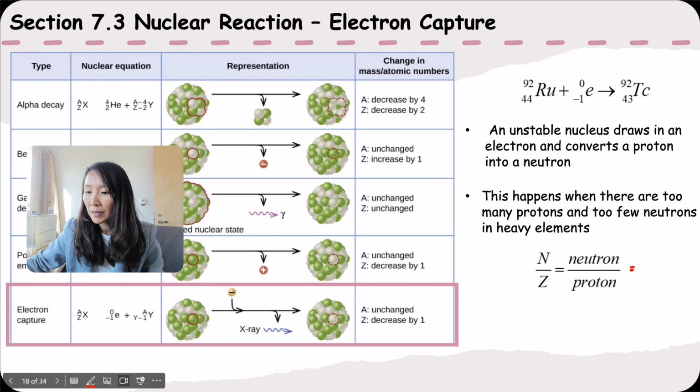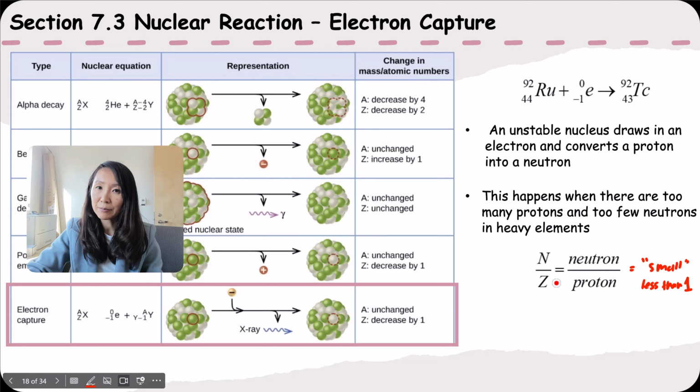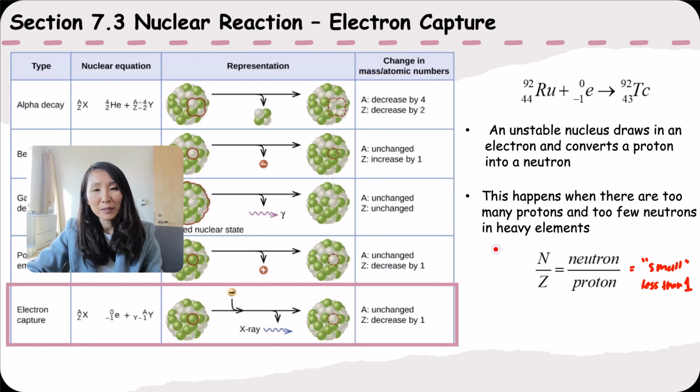This will be, quote unquote, small in value. In a lot of cases, you might see less than 1. Having too few neutrons relative to protons, a very small N to Z ratio, you might see this electron capture occurring because it has too many protons, so it needs more neutrons. So the proton will then change to a neutron.